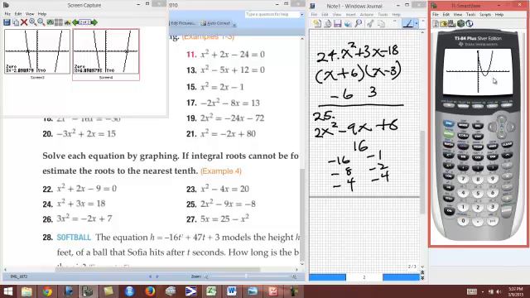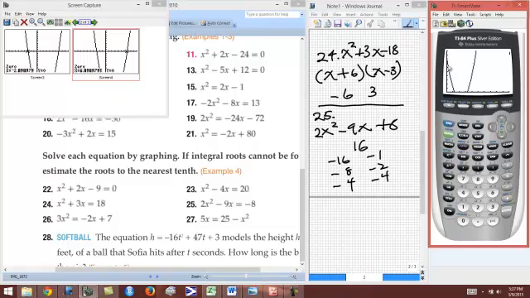We're going to have to use the calculator to estimate these zeros. So I'm going to work with the window a little bit here. I'm going to make this 0 and this 0. I want to only deal with the first quadrant, so I'm making x min and y min 0.